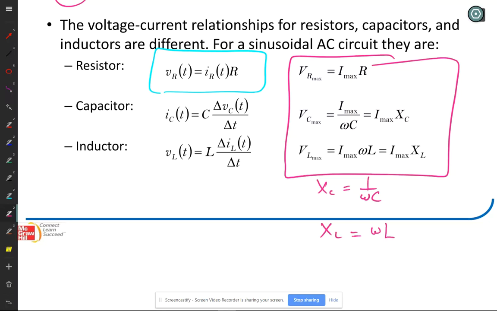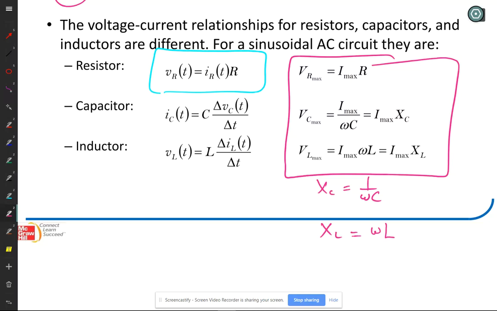Sometimes you might hear people talking about high pass and low pass filters. A capacitor would be a high pass filter because it's going to just allow current to go right through at high frequency. Well, it depends on how you put it in the circuit. You can make high or low with a capacitor. But if you just have a capacitor in series, it passes high. At low frequencies, your X_C is very large, so it's going to block current at low frequencies.